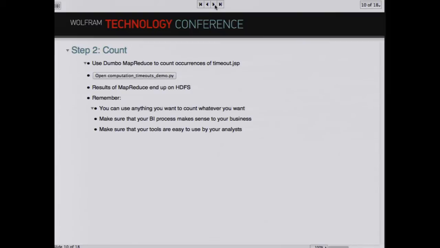Now, because we generate such a large amount of traffic at Wolfram, we typically have to do our counting with MapReduce. If you don't generate that much traffic and you want to answer a question like this, there's no reason you couldn't just grep your logs for it.